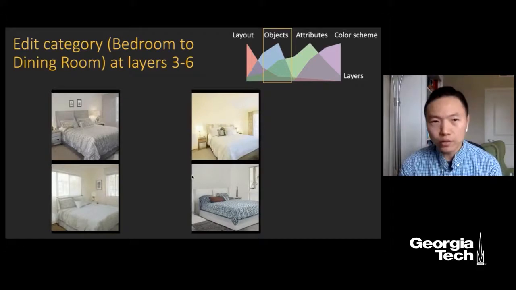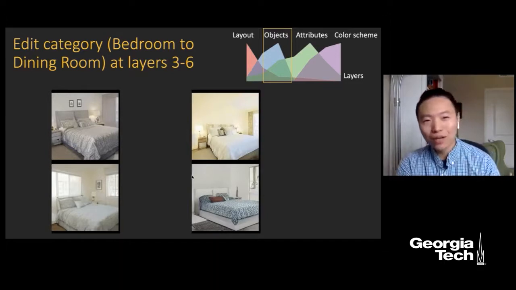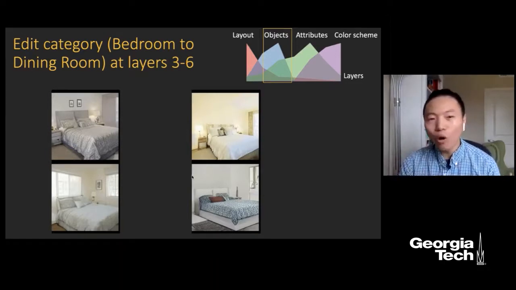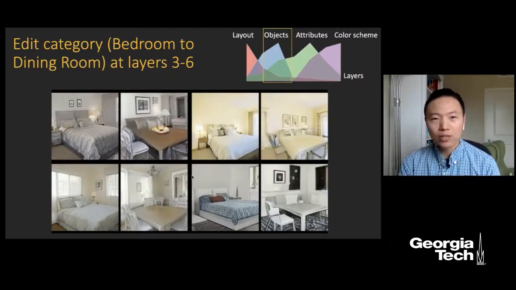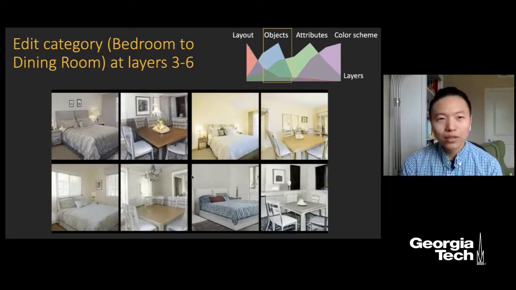Here is another one. In the middle layers, we can control the objects. For a living room and a bedroom, usually the objects inside differentiate the two categories. We can totally move out all the furniture like the bed, and change this room into a dining room, right?